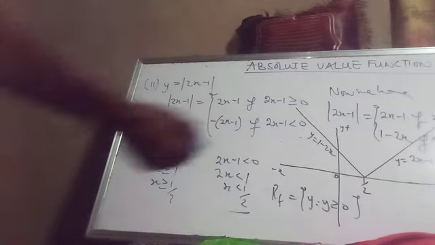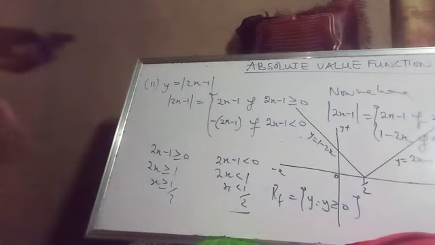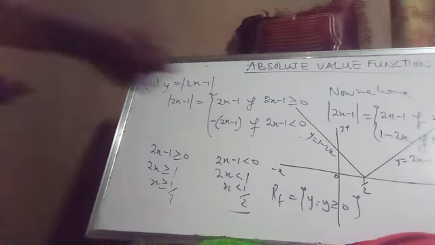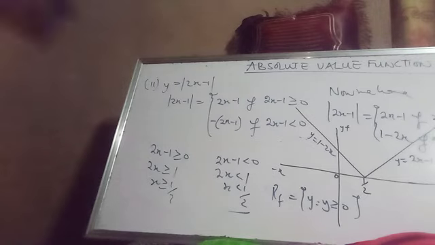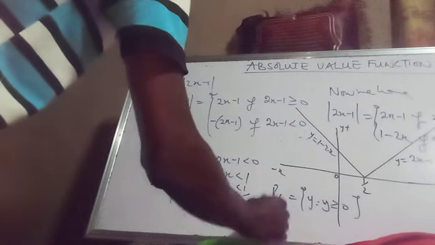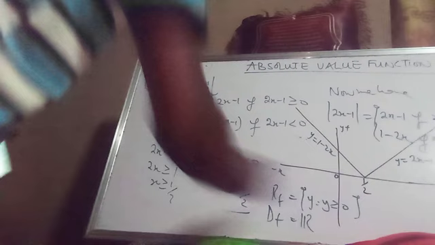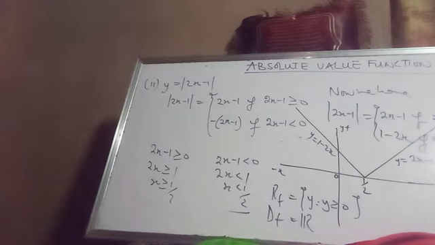But what is your x? What's the domain of the function? Obviously, the domain of the function here is the set of real numbers, because x increases. So we have sketched that absolute value function.